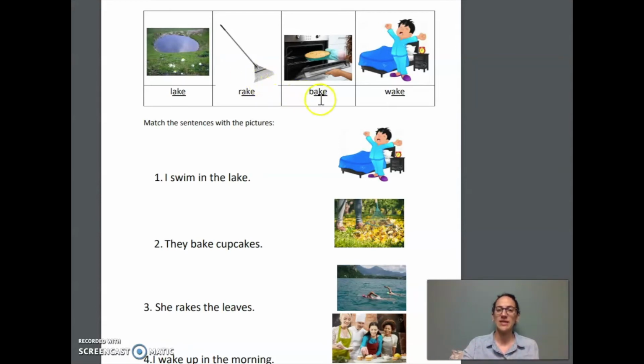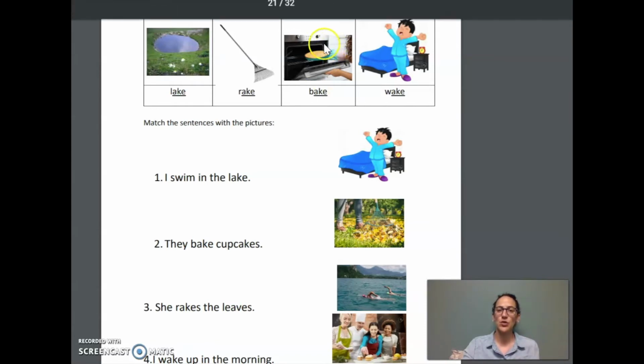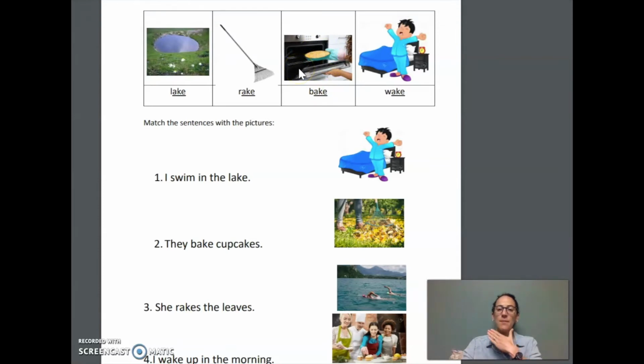Another word with the ache sound begins with the letter B. Let's put it together. B, ache, bake. Very good. Bake is when you cook something. Repeat after me. Bake.